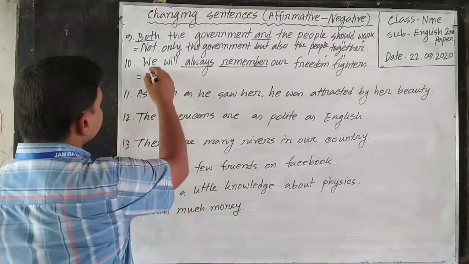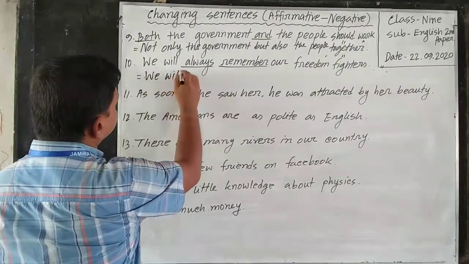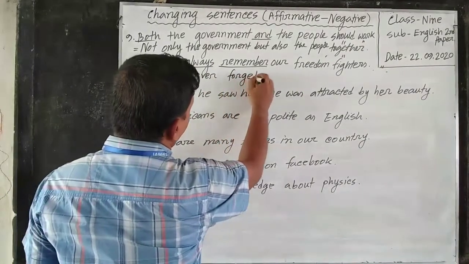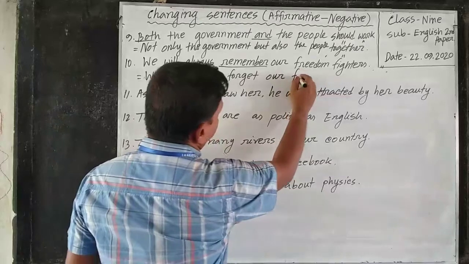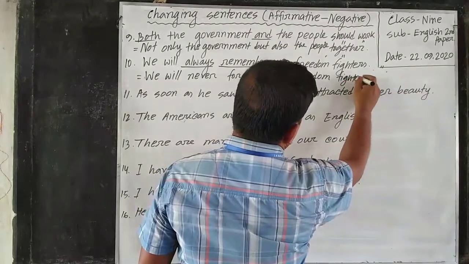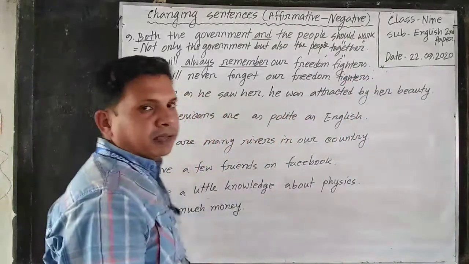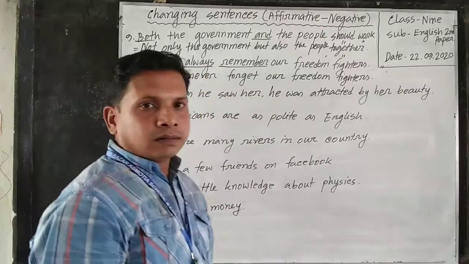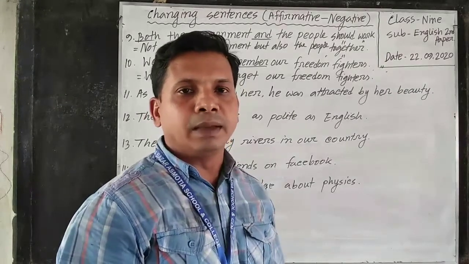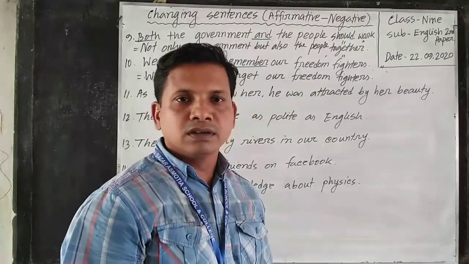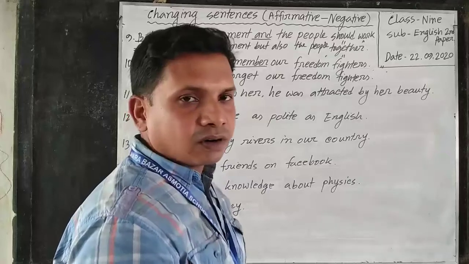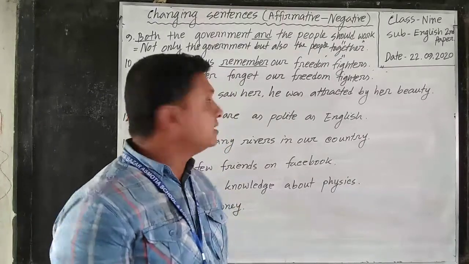So the answer will be: we will never forget our freedom fighters. In Bangla we can say: অলওয়েজ যুক্ত অ্যাফার্মেটিভ সেন্টেন্সকে নেগেটিভ করতে হলে আমাদের অলওয়েজের পরিবর্তে নেভার ব্যবহার করতে হবে এবং কিওয়ার্ডের বিপরীত রূপ লিখতে হবে। So dear students, here the keyword is remember and the opposite word of this word remember is forget.